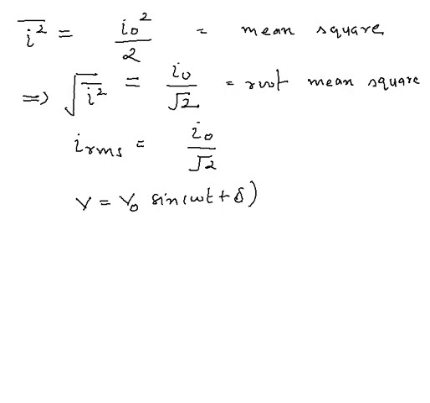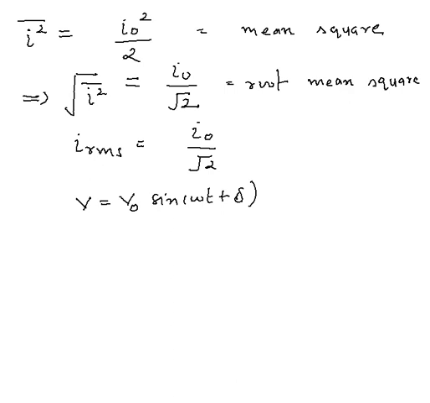So it depends what is your initial point, and generalization for voltage will also involve some phase constant here. So V is V naught sine omega t plus delta is a general result. I equal to I naught sine omega t plus delta is a general result.